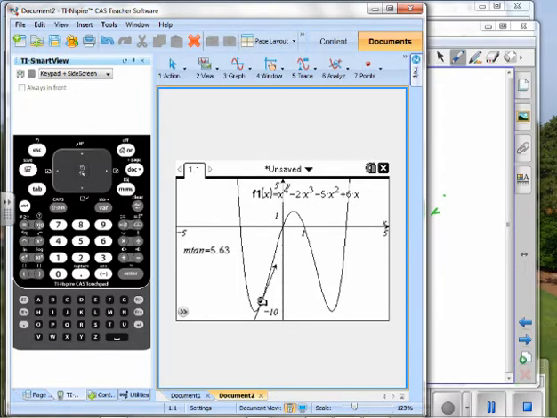And then I move that point along here, what's happening to the derivative? Positive. The slope of the tangent line is positive until I reach this turning point, whatever that turning point is, and then I get 0 again.